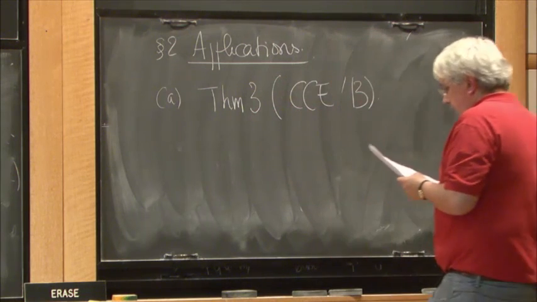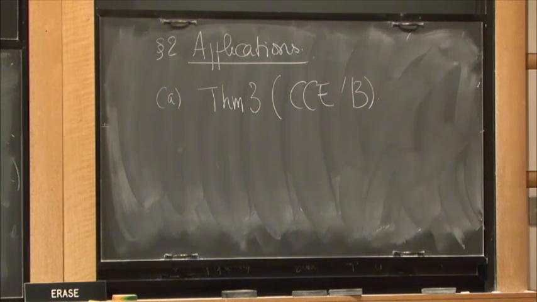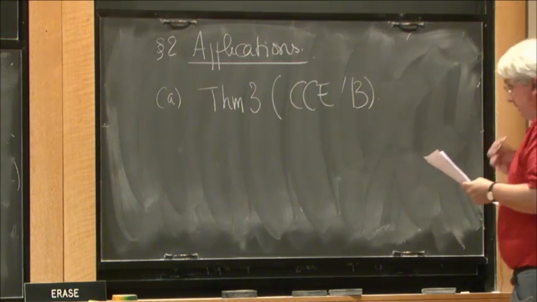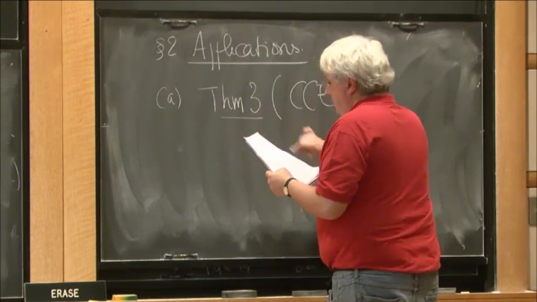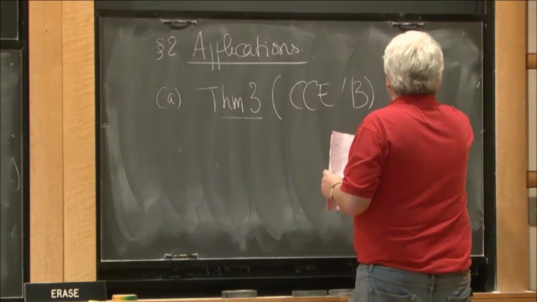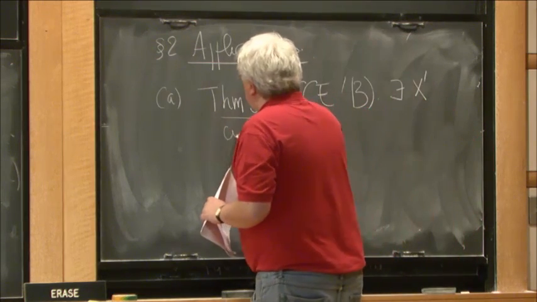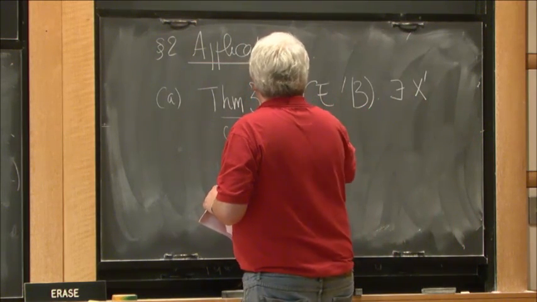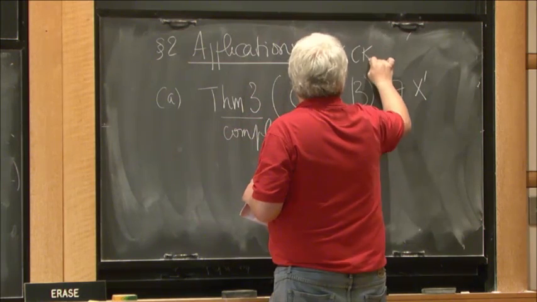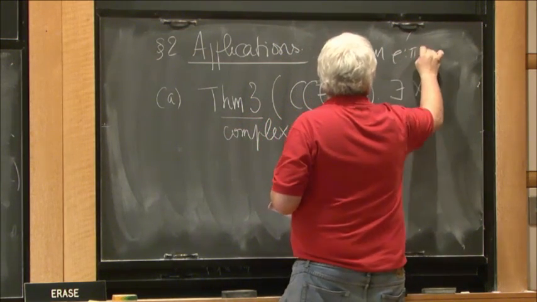So, same setting of a representation of a Kähler group. So we start with X, a compact Kähler manifold, and rho, a representation.